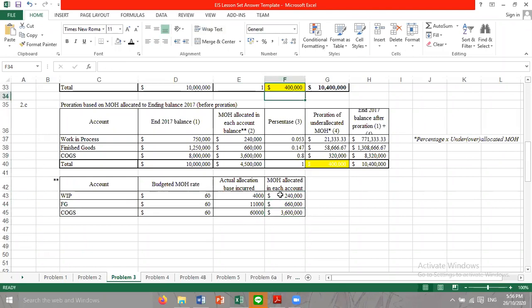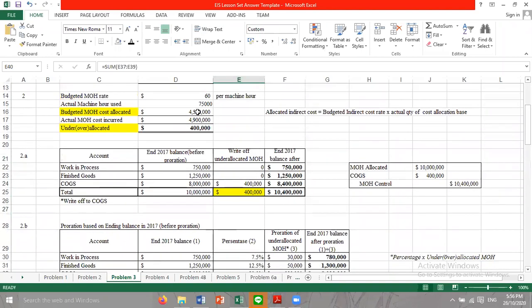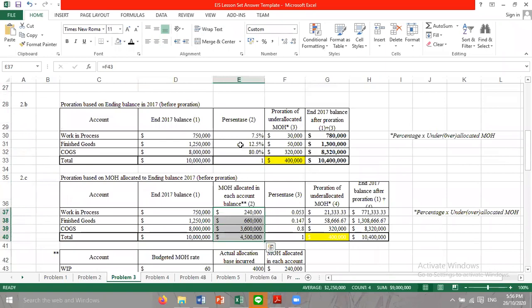Okay, so now we already have the data for the MOH allocated. All we need to do is put it in a table, and we'll get a total of 4,500,000 MOH allocated. Of course, it's the same as this one, MOH allocated. Now, from this data, we'll need to find the percentage of each of them.